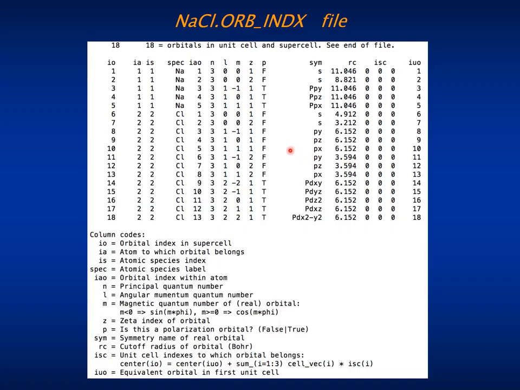And the second detail I want to mention is that Siesta always writes a file called the name of the system .ORB_INDX with all kinds of details about the basis orbitals, like the atom to which it belongs, the species of that atom, the index of the orbital within its atom, its quantum numbers, its symmetry, and other details.